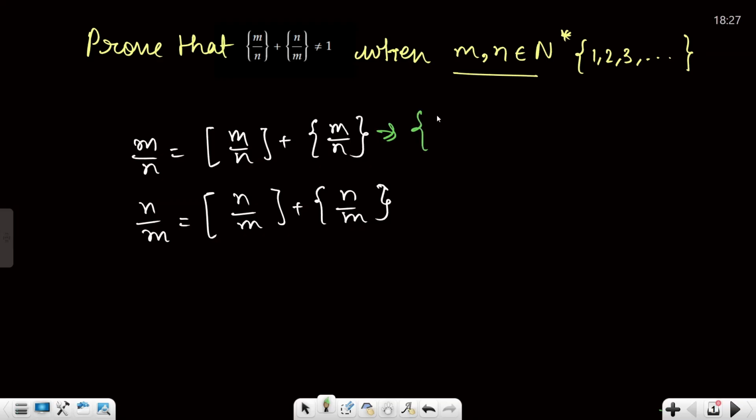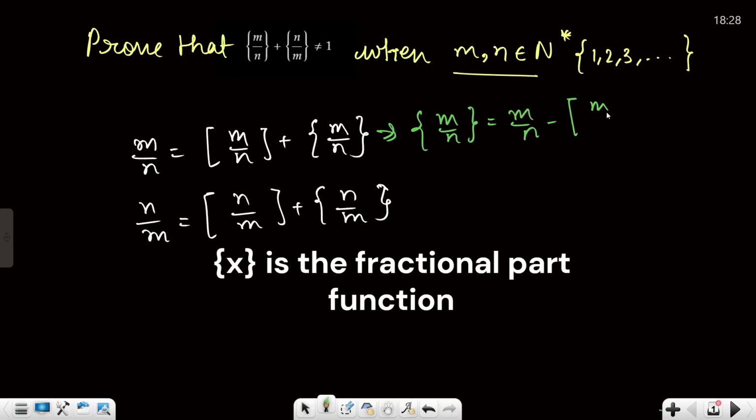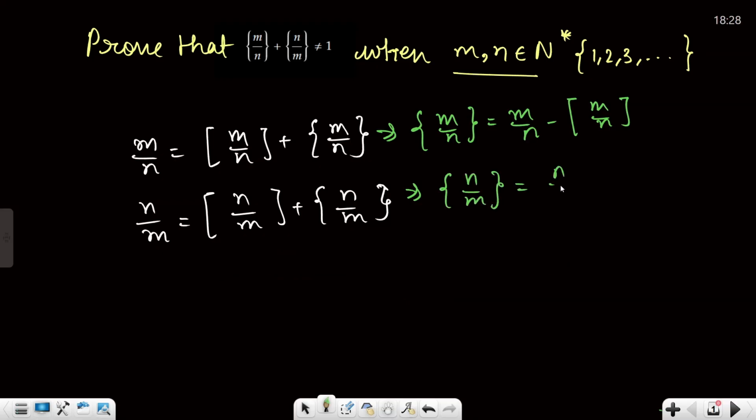So by some transposition, we will get m by n minus this, and similarly, we will get this. What we did is we just basically transposed this thing to that side and got this alone.